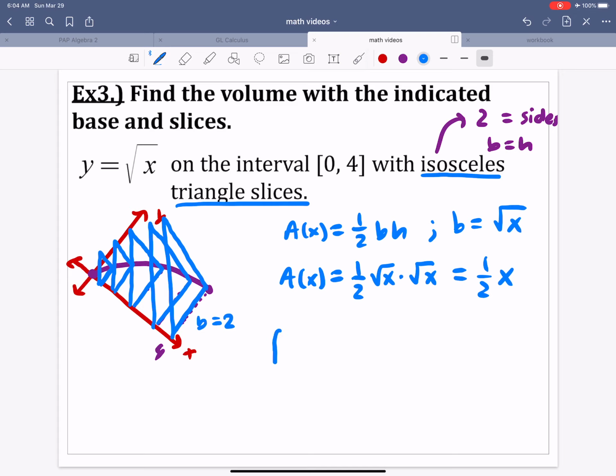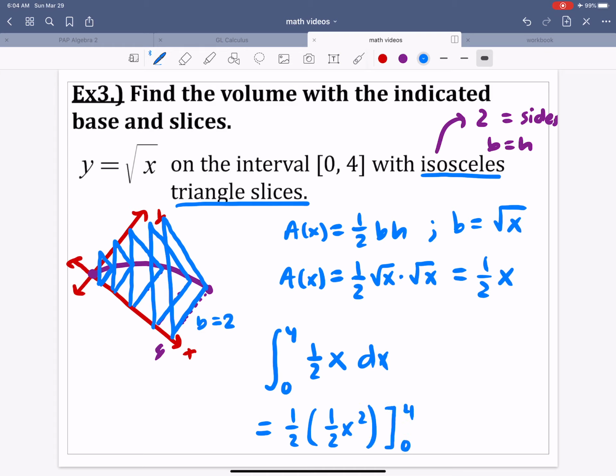So now I'm ready to take my integral. My integral from 0 to 4, that was defined for us in the problem, of 1/2 x dx. Again, super easy integral to evaluate. We have 1/2 times 1/2 x squared, evaluated from 0 to 4.